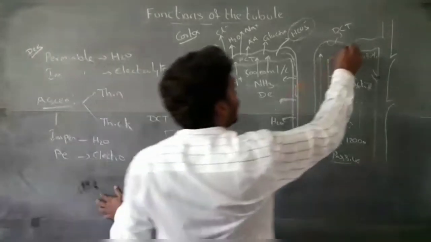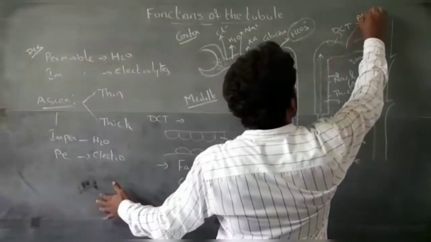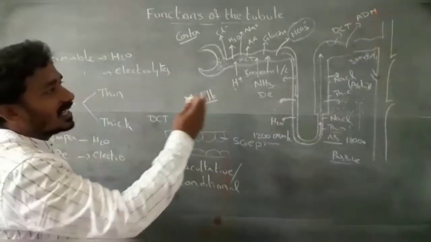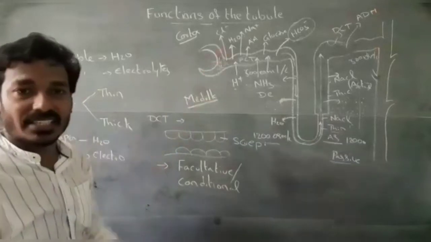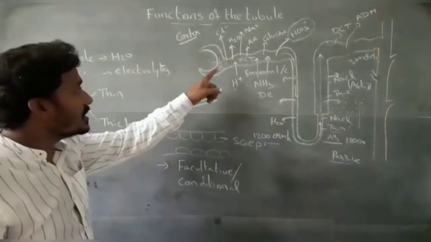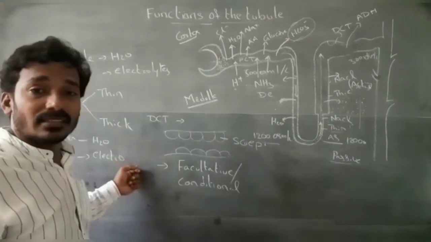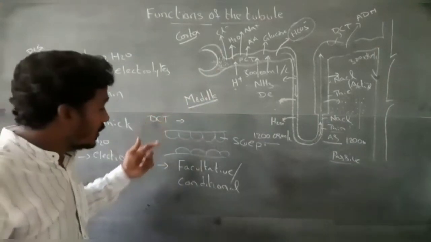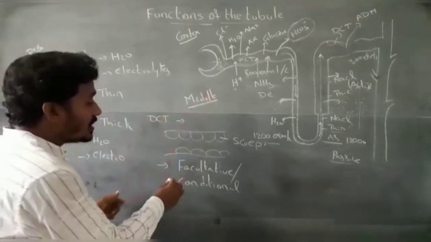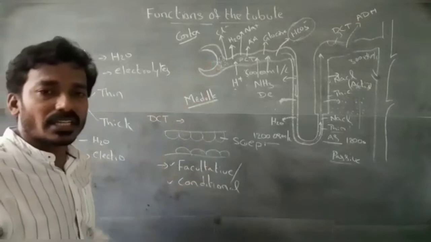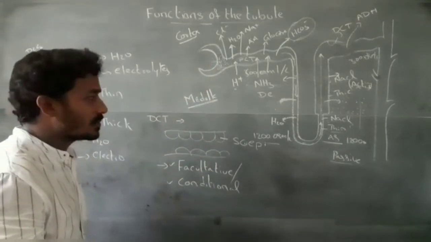ADH, antidiuretic hormone, is involved in the absorption of substances from the DCT. In PCT, absorption is obligatory or mandatory. In DCT, absorption is facultative or conditional because hormones are involved.